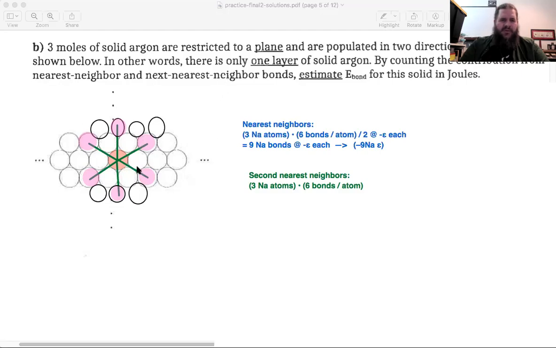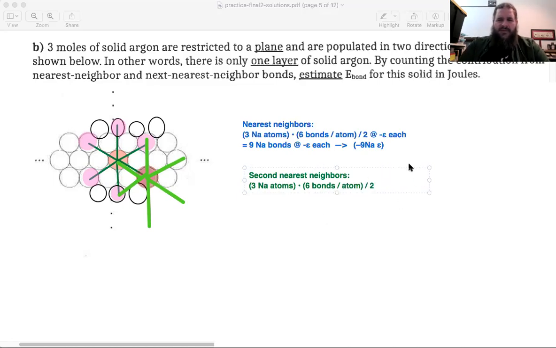For instance, if we focus on all the second nearest neighbors of this atom: above, up and to the right, down and to the left, below, down to the left, up into the page. It looks like we are double counting, right? We just counted that bond twice. So if we say each one has 6 second nearest neighbor bonds per particle, then we are going to count every bond in the whole system twice. So we do need to divide this by 2.